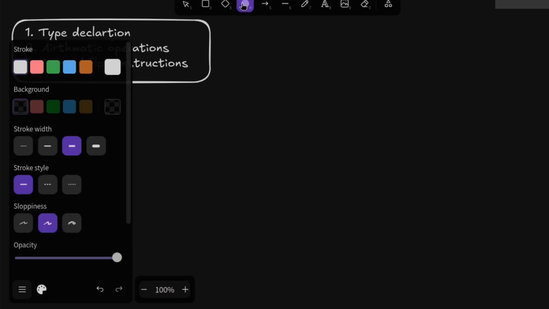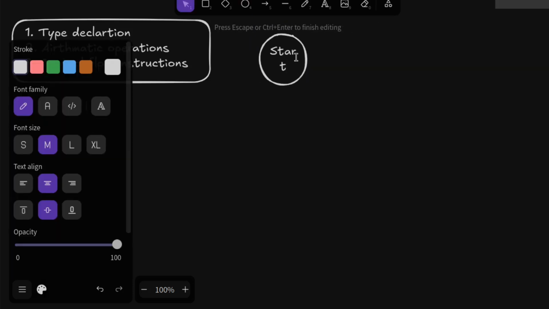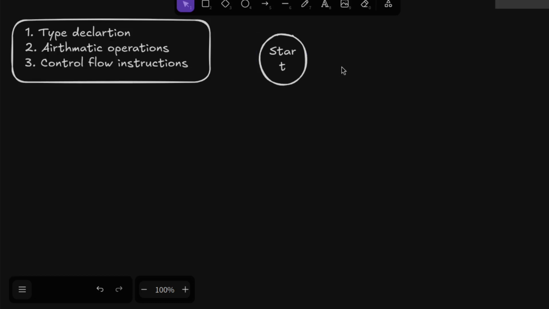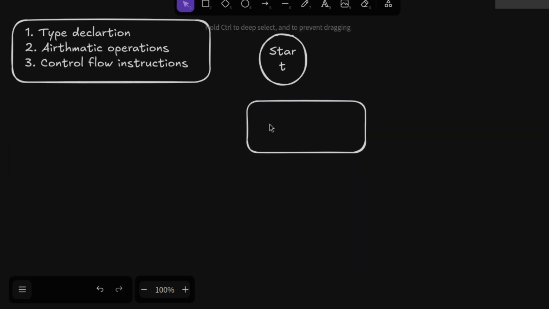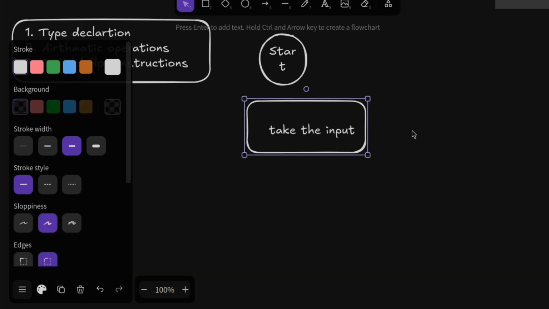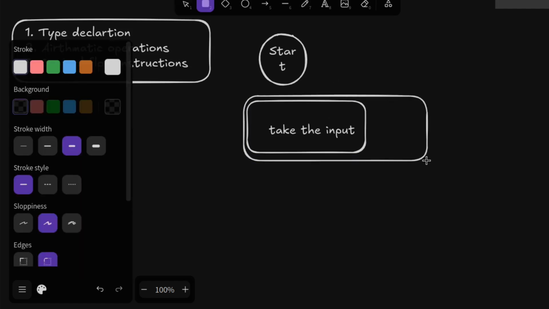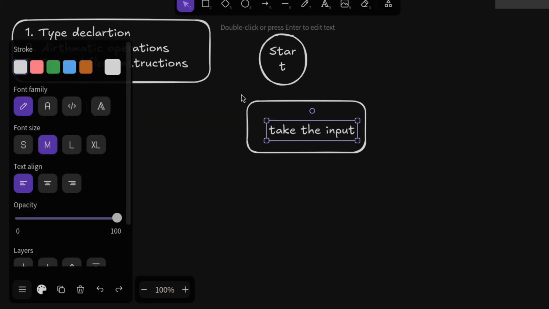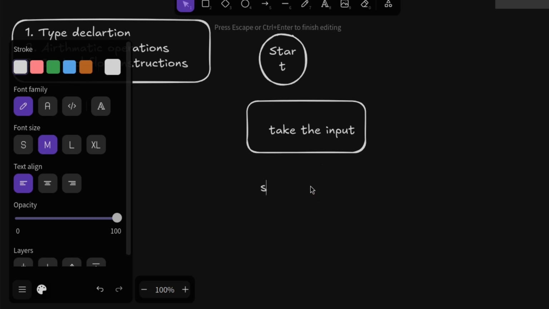Then how do we write an algorithm? First we start our algorithm. After that we take the user input, the first num and the second num. Let's choose the rectangle and input first num, take the input, and after the input we process or calculate the sum, the sum of two numbers.